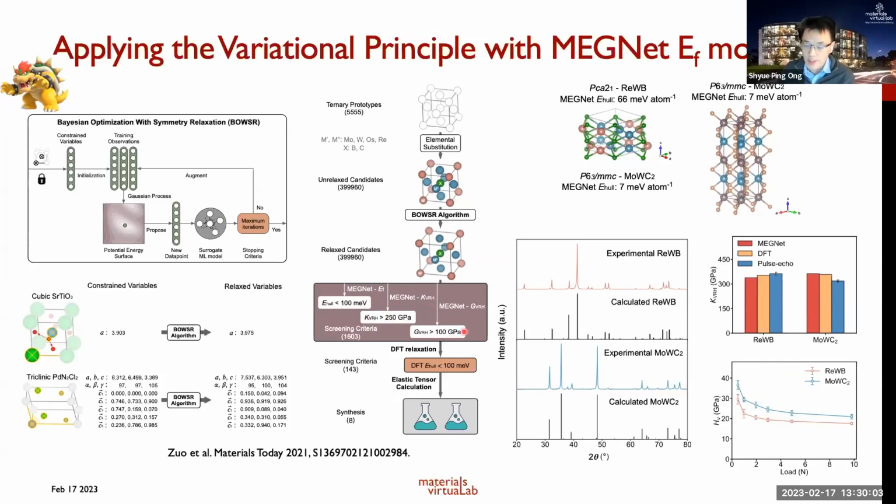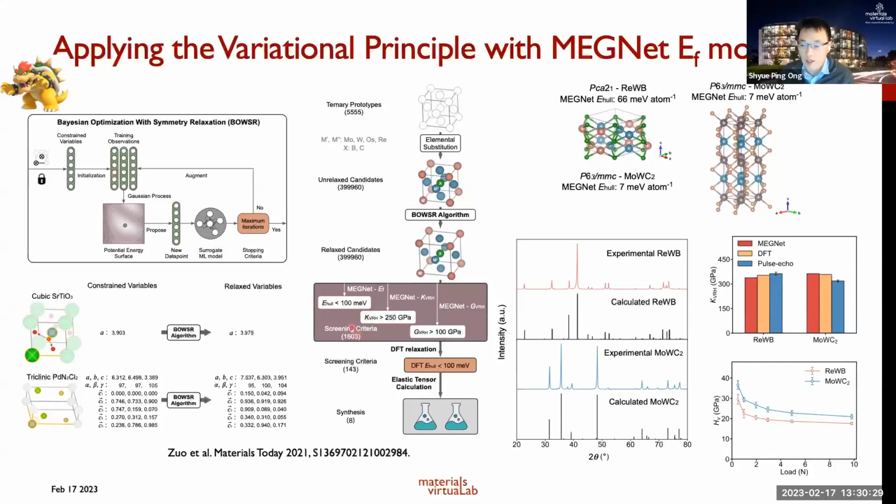And using these machine learning predicted properties, we can already screen out the majority of our 400,000 crystal structures, right? So out of the 400,000 crystal structures, only about 1,600 of them have an energy above hull of less than 100 meV per atom, a bulk modulus of greater than 250 gigapascal, and a shear modulus of greater than 100 gigapascal, okay?